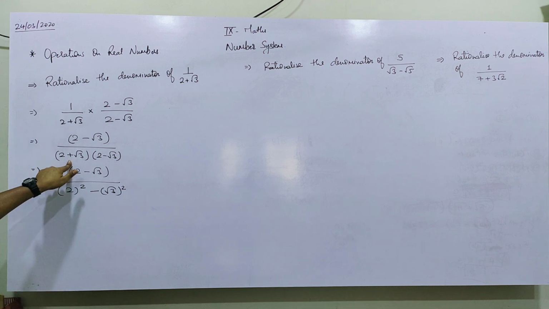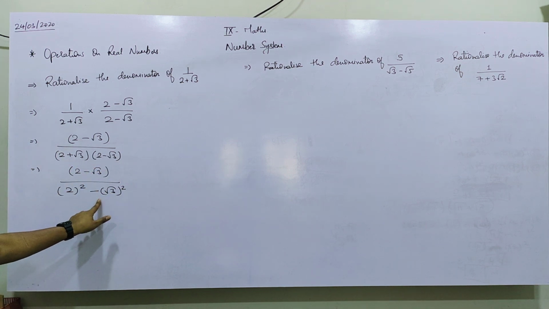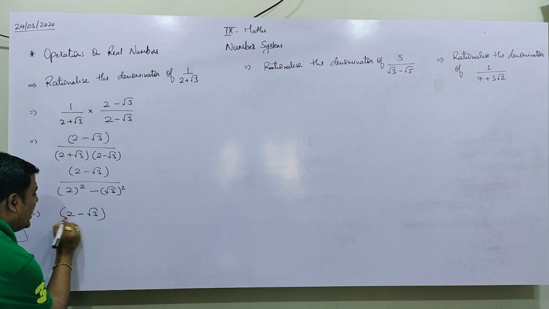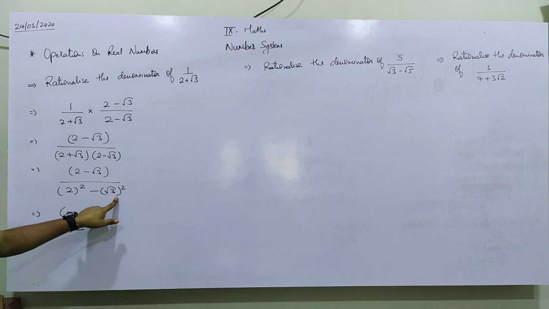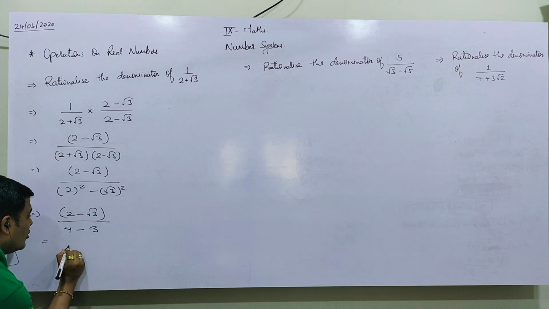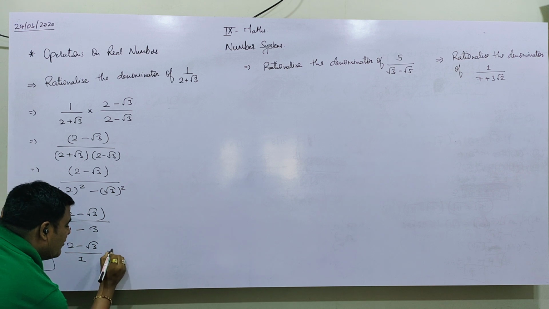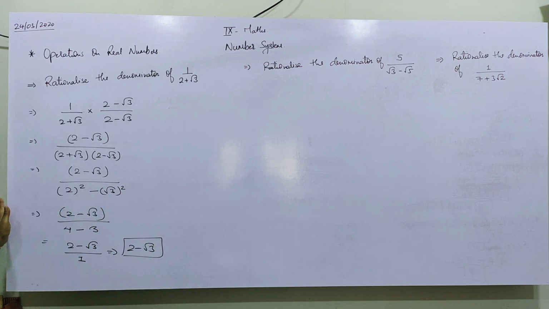This is equal to a plus b, a minus b, which is equal to a square minus b square. Again, 2 minus root 3 upon square of 2 is 4, minus root 3 into root 3 will give us 3. So basically 2 minus root 3 upon 1, which gives us the answer 2 minus root 3. This is our final answer.